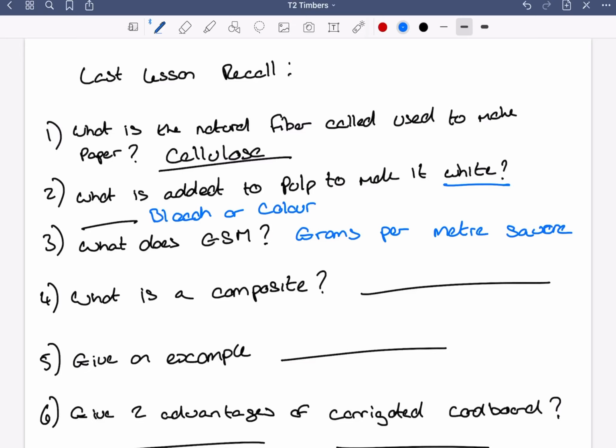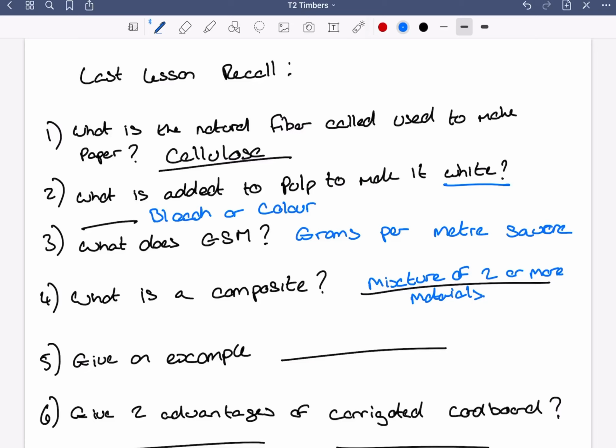Well, a composite is a mixture of 2 or more materials. Now that's not 2 or more metals, but 2 or more materials, because 2 or more metals mixed together would be classed as an alloy.